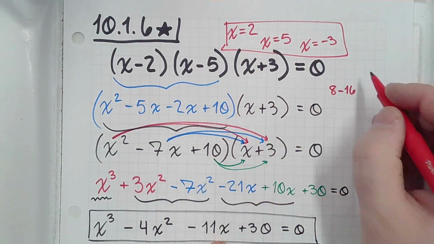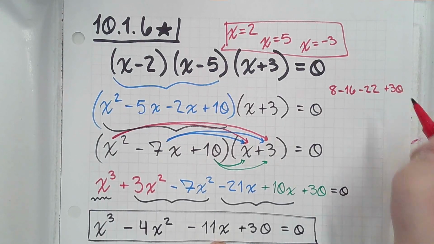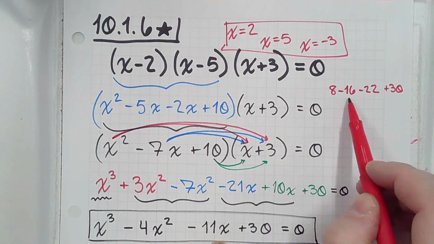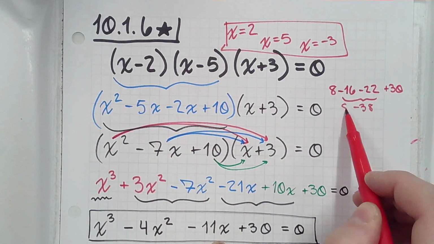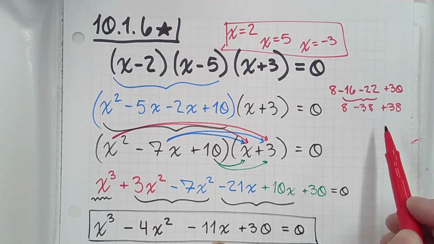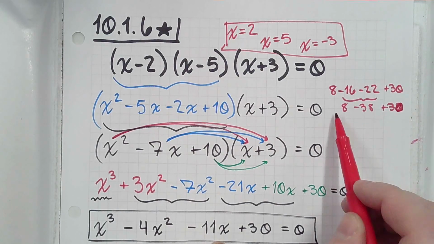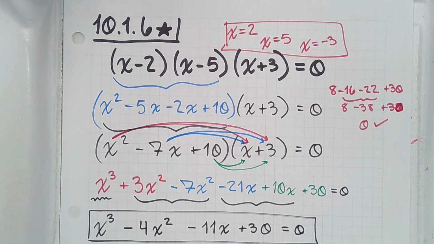So we're going to get negative 22. And then here it says add 30. And if you look, this right here becomes negative 38. And of course, oops, I jumped ahead. 30 and 8 makes 38. So 38 minus 38 is in fact 0. So it does work.